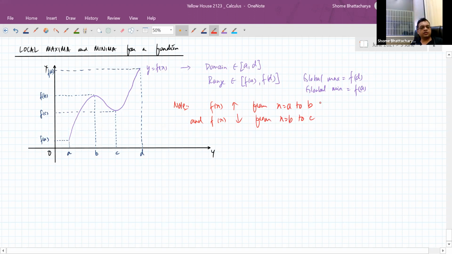So what that is showing us is that the function has a temporary peak at x equal to b. So such a peak point is called a point of local maxima.